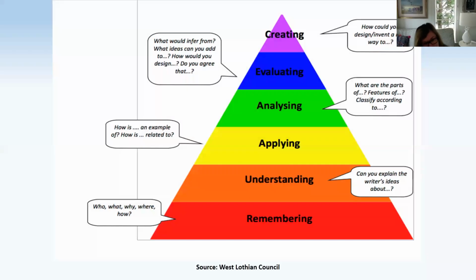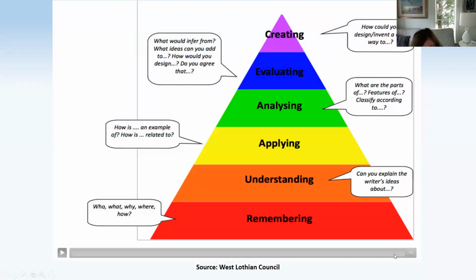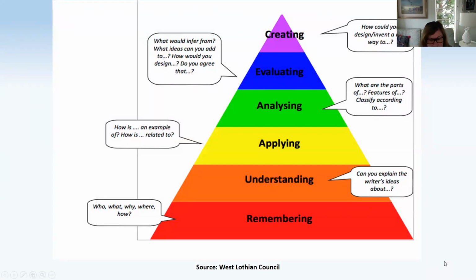So let's go to this pyramid, which actually I found from an organisation in Scotland, of all places. And I think this is quite useful in terms of looking at this pyramid, Bloom's levels, and the sorts of questions. You know, can you explain the writer's ideas?